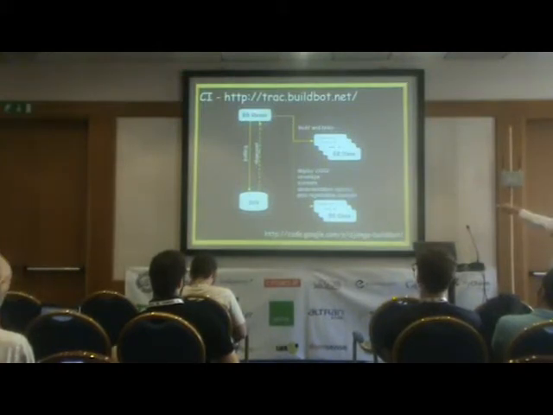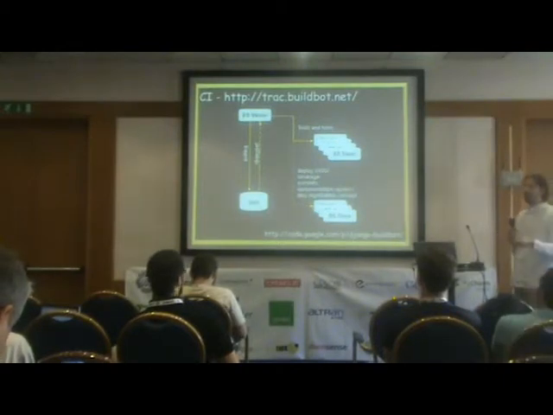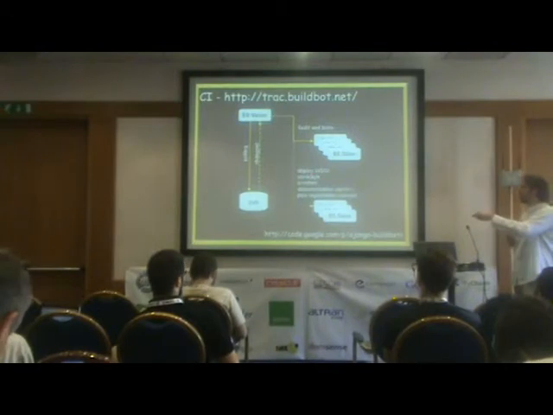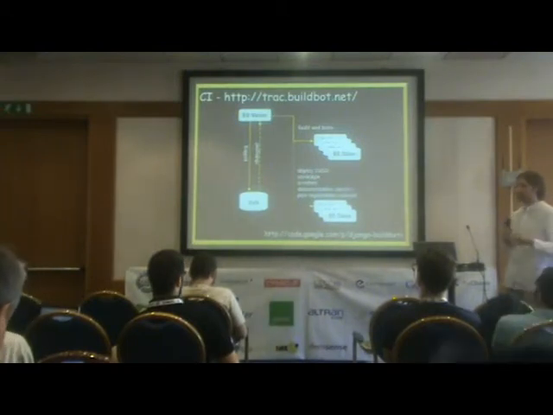So each time one member of the team commits a new change, we can run multiple tasks on the slave machine. For example, build a test, but also the deploy of a new version if you use continuous deployment.